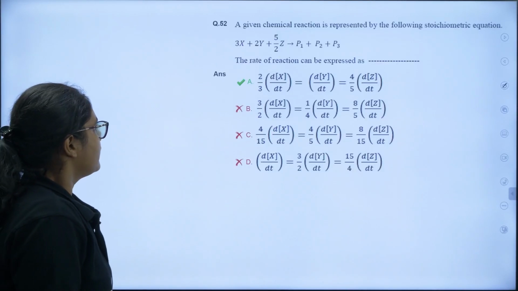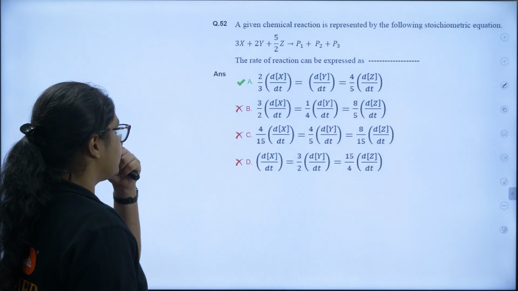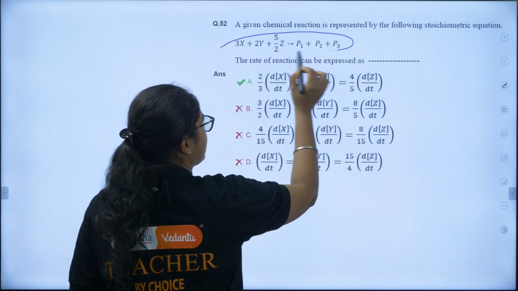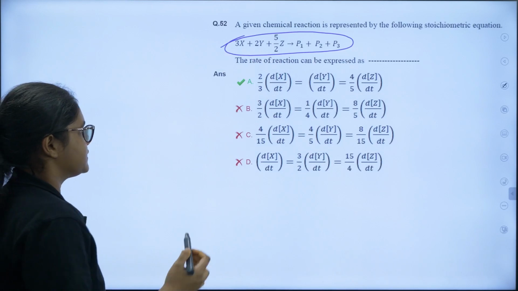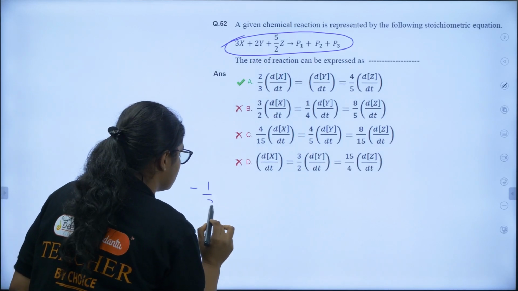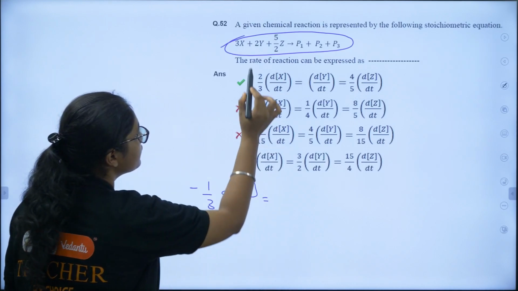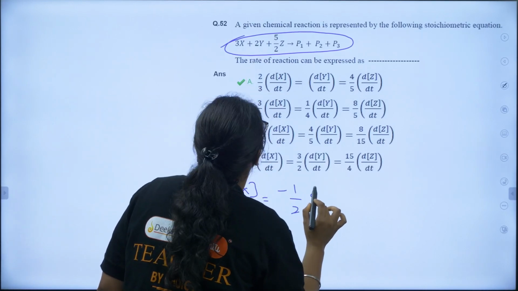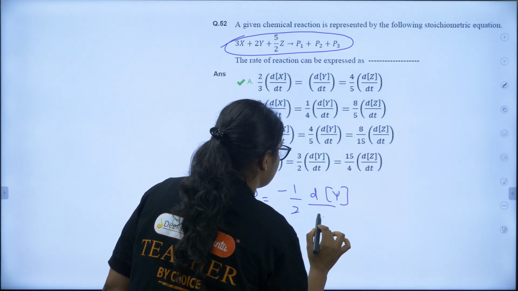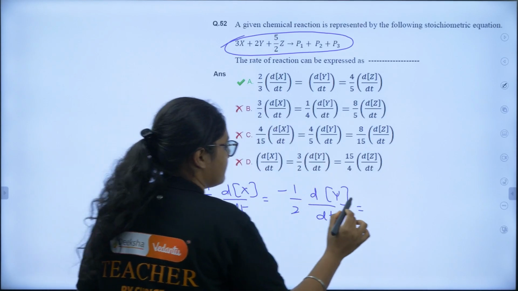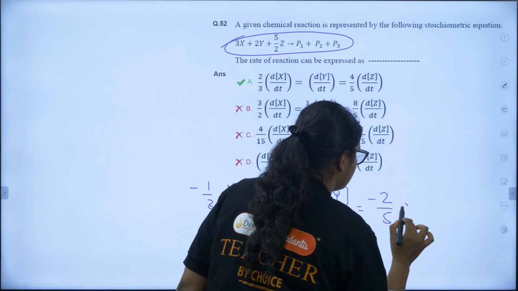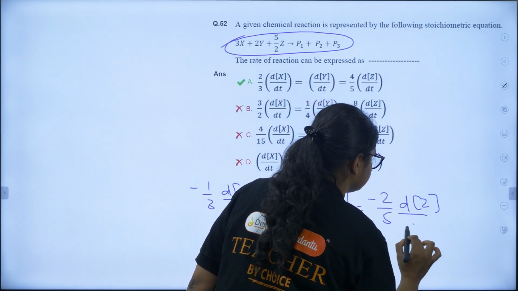Now let us see the next question. In chemical kinetics, you have been given this reaction and you have to write the differential rate equation. For this one I can write minus 1/3 dx by dt is equal to minus 1/2 dy by dt is equal to minus 2/5 dz by dt.